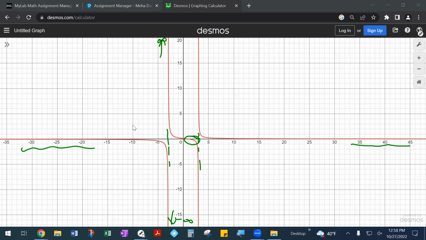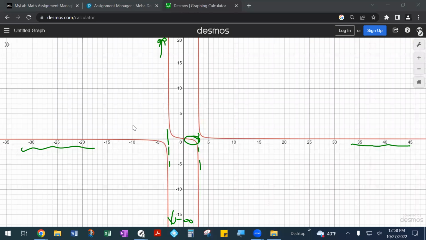So every now and then, depending on the function, your graph can cross the x-axis and have an x-intercept, but you're still noticing that horizontal asymptote behavior on the right and left side of the graph. You're seeing both behaviors.